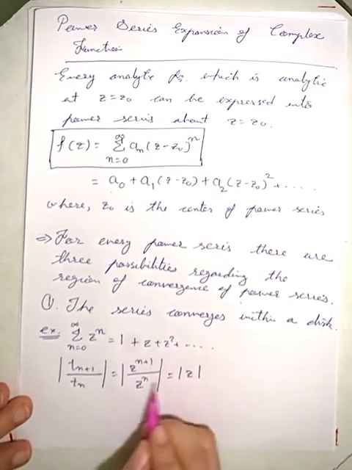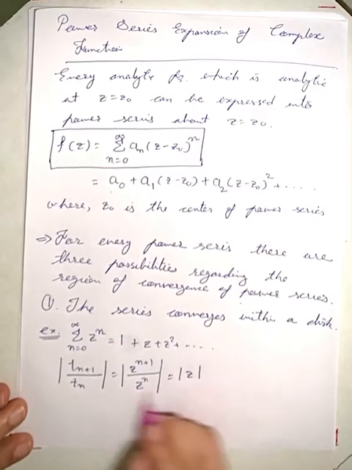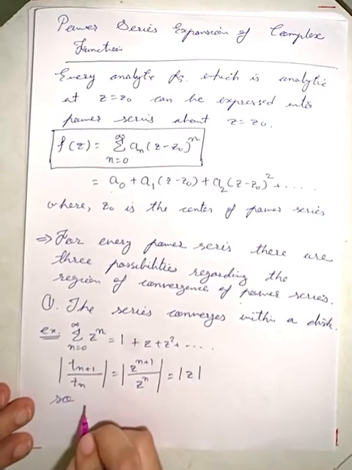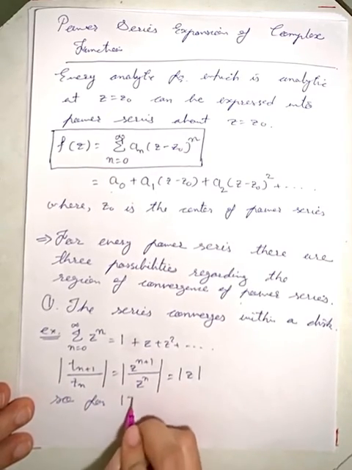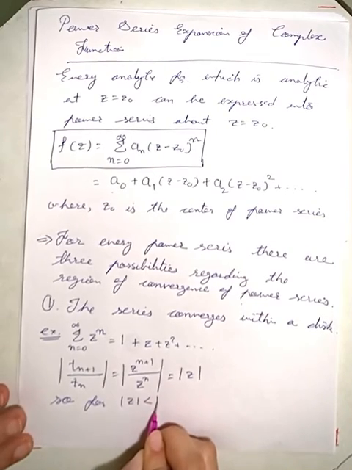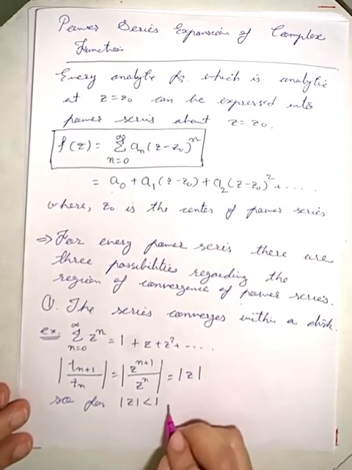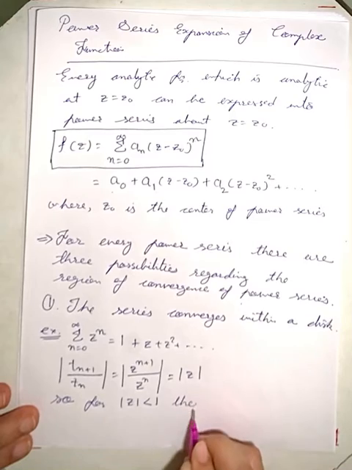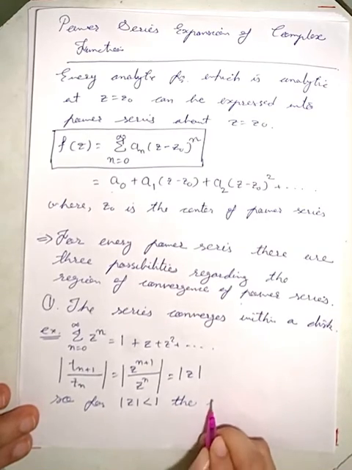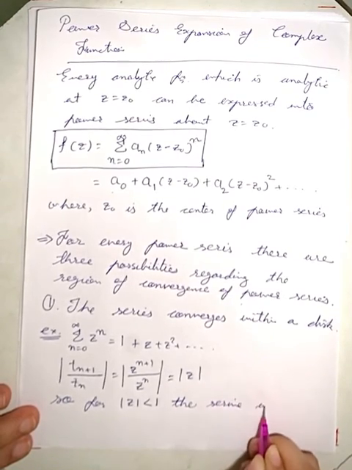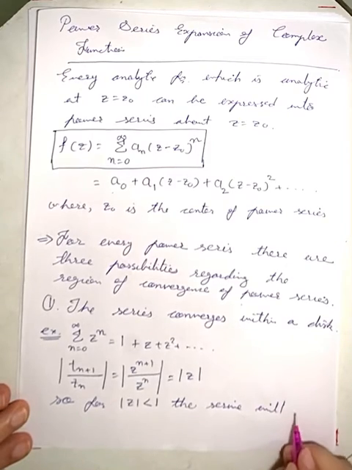Z to the n plus 1 upon z to the n will be z. So for modulus z less than 1, the series will always converge. This is to be remembered.